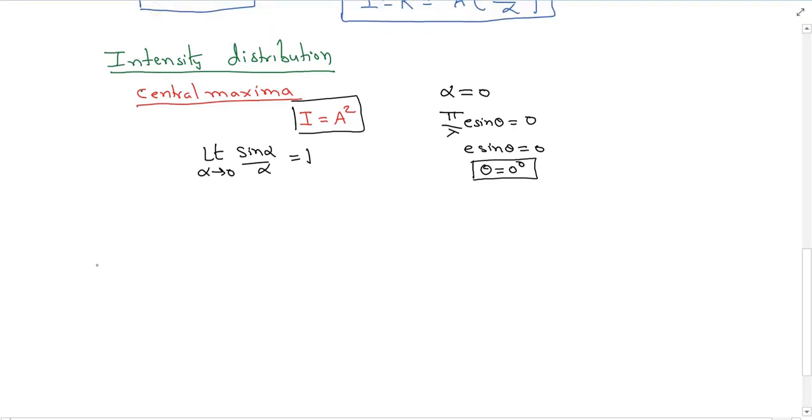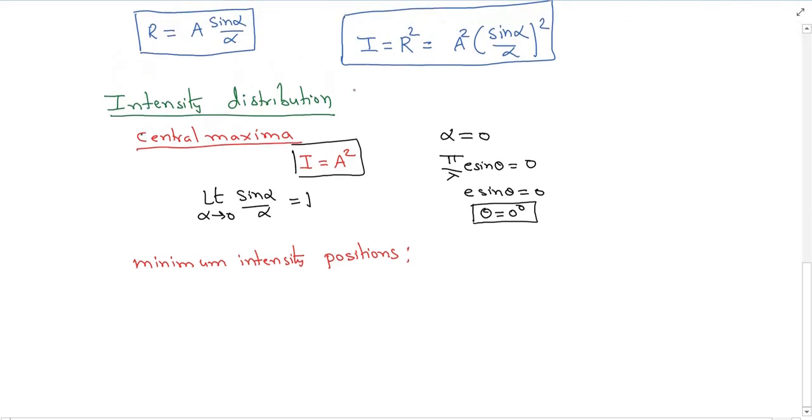Minimum intensity positions. Where do we get these minimum intensity positions? When I is going to become 0, we say this is minimum intensity. So that means I should become 0.